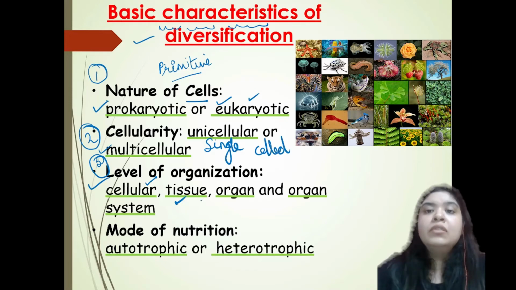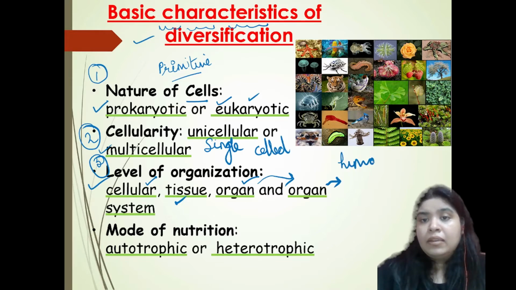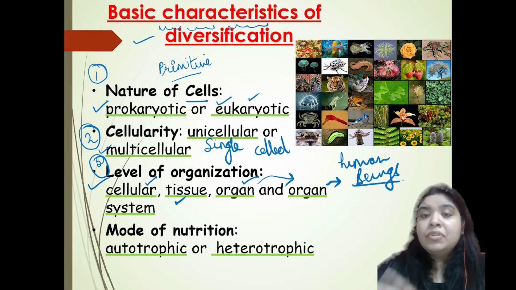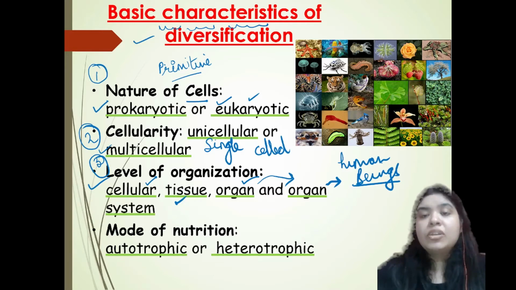Further, some of them can have organ organization and then the organ system, like we have in human beings as well. So they differ on the basis of the complexity that they have. This also can be one characteristic feature which makes these organisms different from each other.